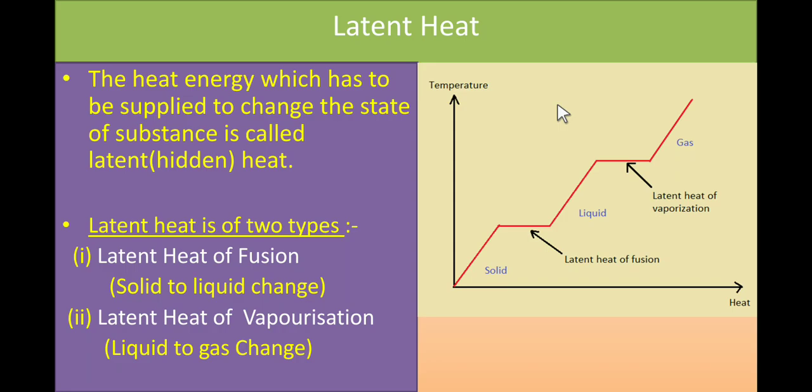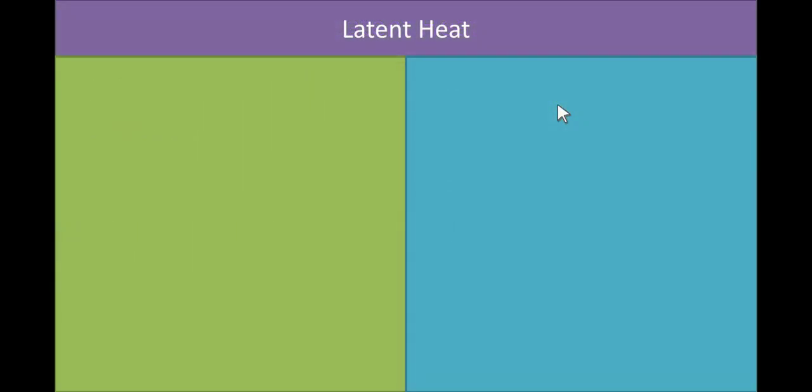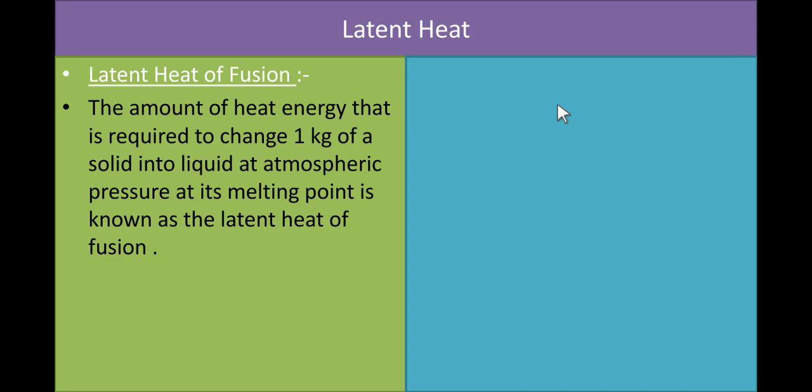Next we see latent heat of fusion. The amount of heat energy that is required to change 1 kg of a solid into liquid at atmospheric pressure at its melting point is known as latent heat of fusion.